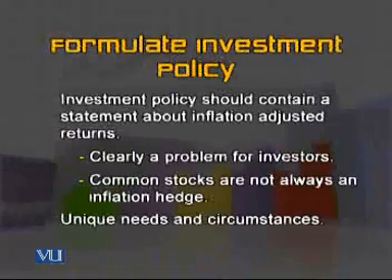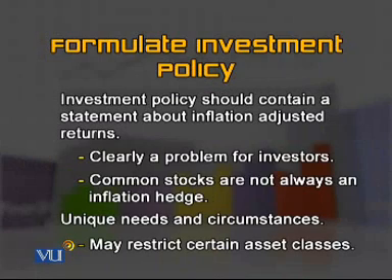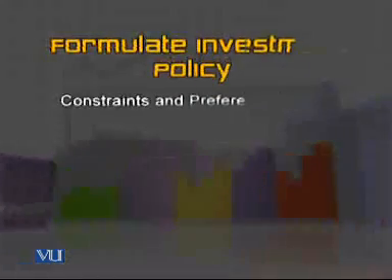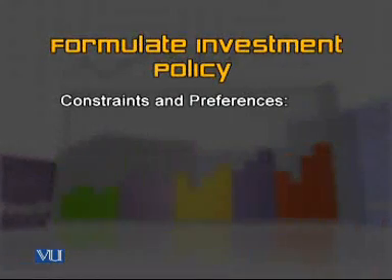So there are unique need circumstances which then may restrict the portfolio manager to avoid certain asset classes. We can't put in all the asset classes because of some sort of constraint on behalf of an investor. Maybe he is not very keen on taking too much risk, or maybe he doesn't have that sort of time to look for a very soft portfolio.